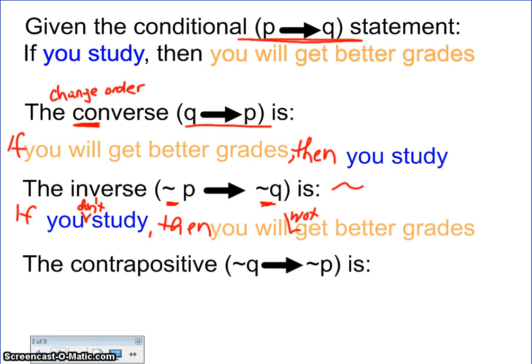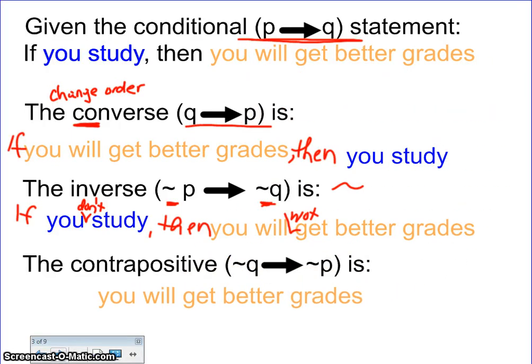The inverse is not. And then the contrapositive is where you put the converse and the inverse together. Not only do you change the order of the hypothesis and the conclusion, but you also negate both of them. So it's kind of like the first two put together. So we're going to switch this, so you will get better grades.